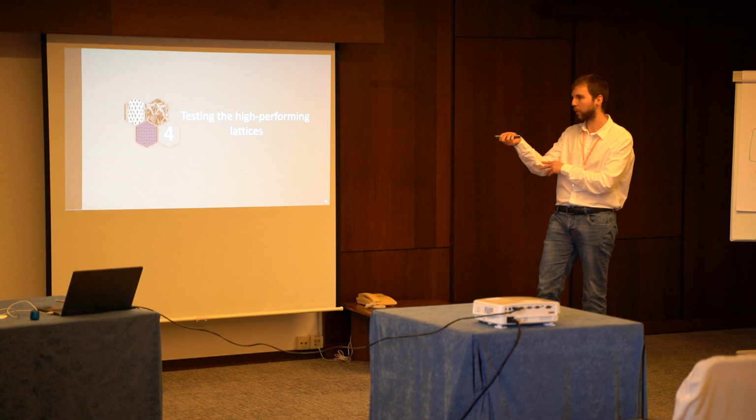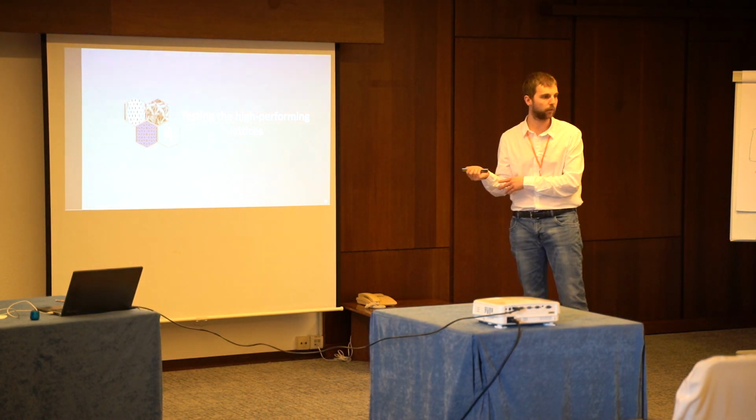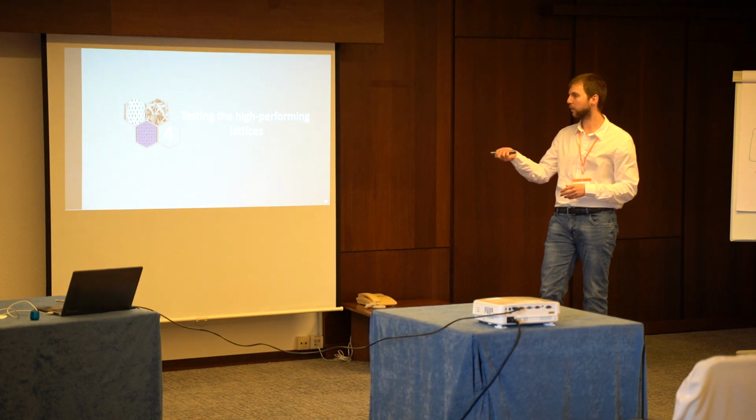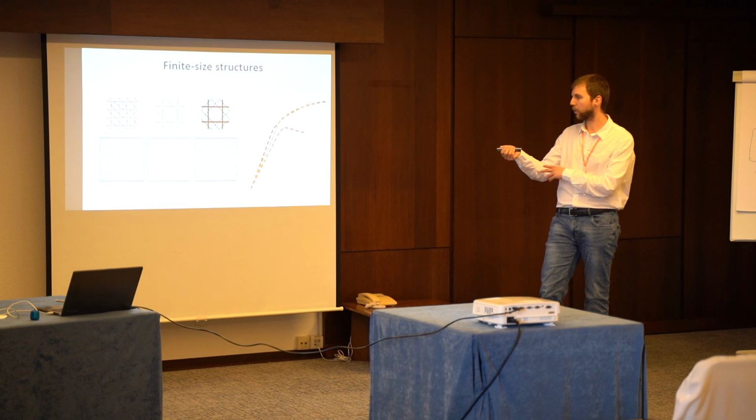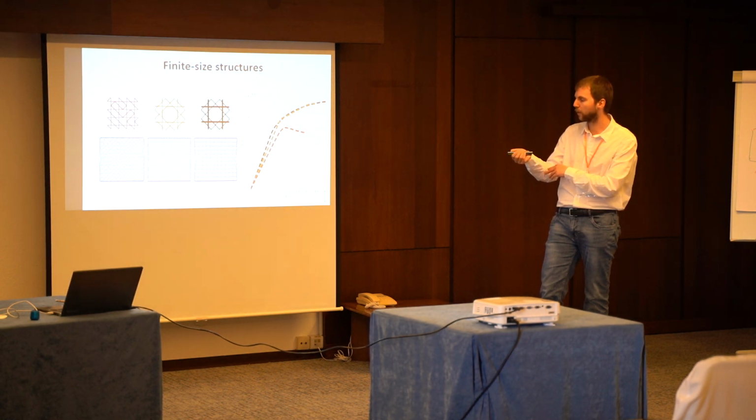Finally, since in real applications we have finite size structures, we want to test the high-performing lattices that we found. First of all, we create a finite size structure of our architecture, the red one, compared to the two sponge designs. As you can see here, these are the post-buckled shapes after the post-buckling simulation.